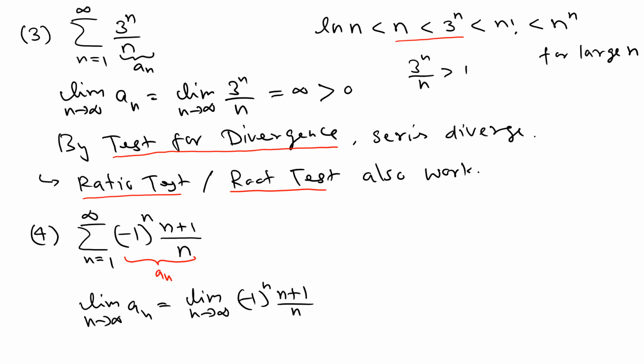Now you can see this part goes to 1, and the (-1)^n fluctuates between 1 and negative 1. When n grows, these numbers fluctuate between 1 and negative 1, so the limit does not exist.